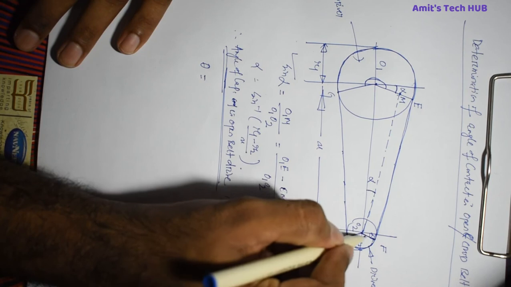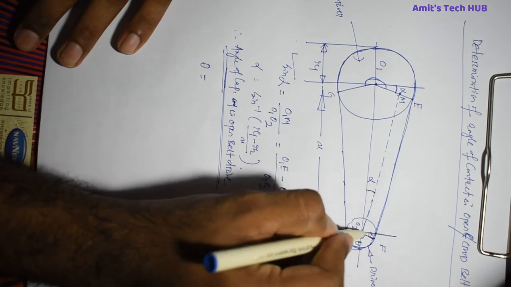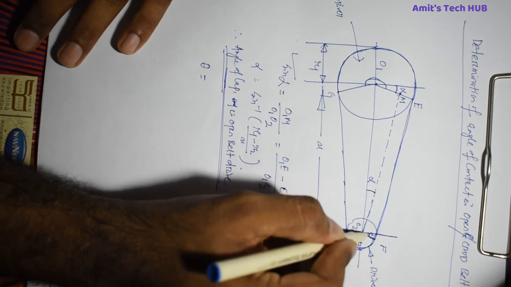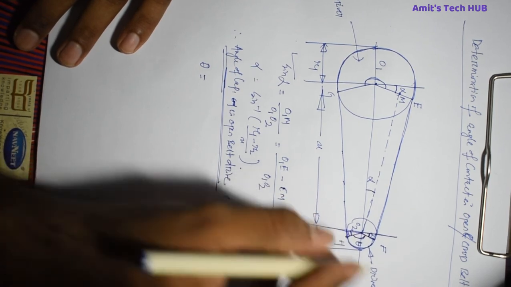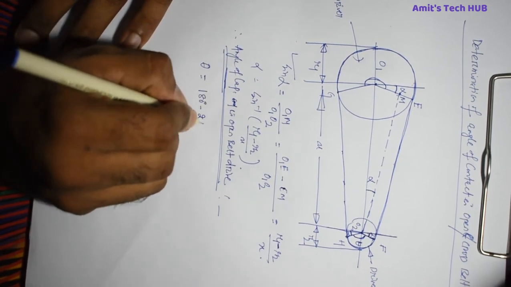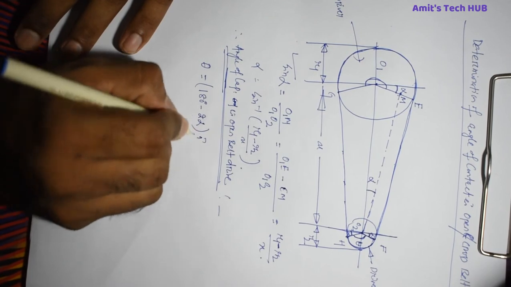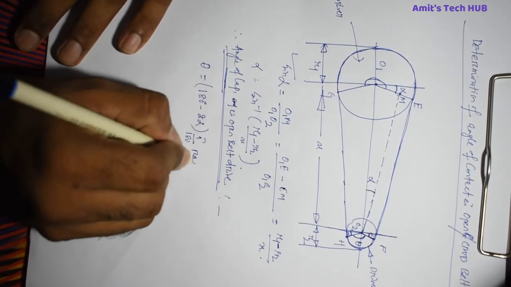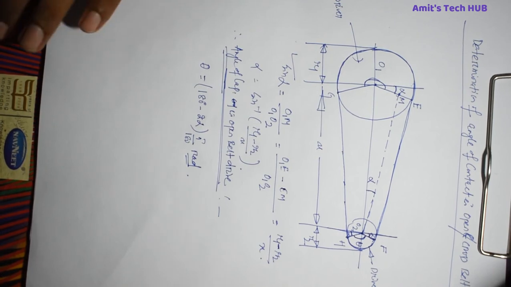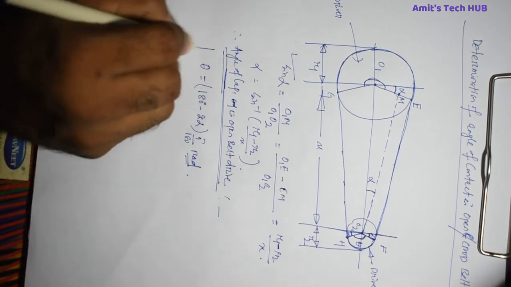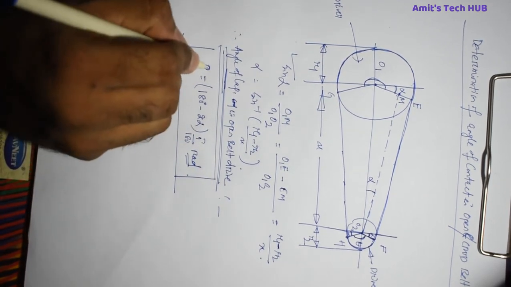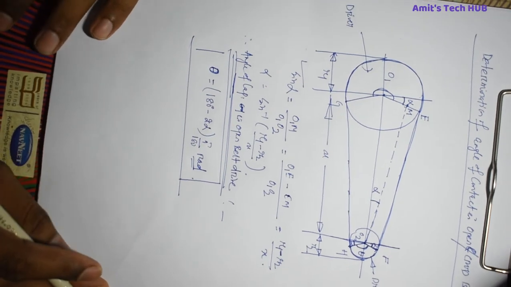This total angle from here to here is 180 degrees, and here alpha and here also alpha. So theta is equal to (180 minus 2 alpha) into pi by 180, in terms of radians. This is the value for the angle of contact in case of an open belt drive.